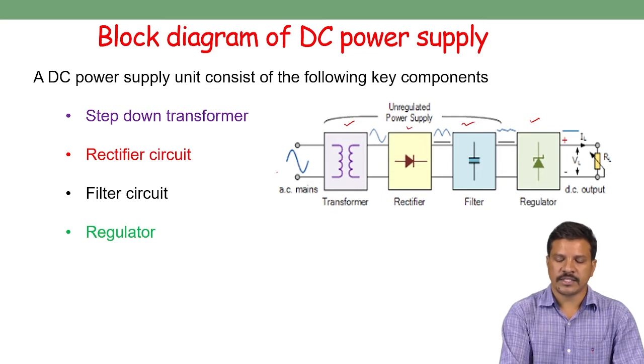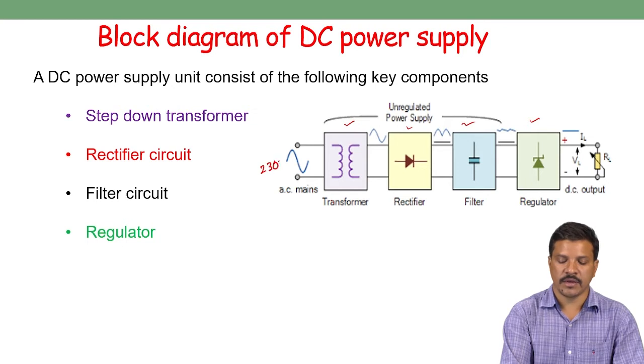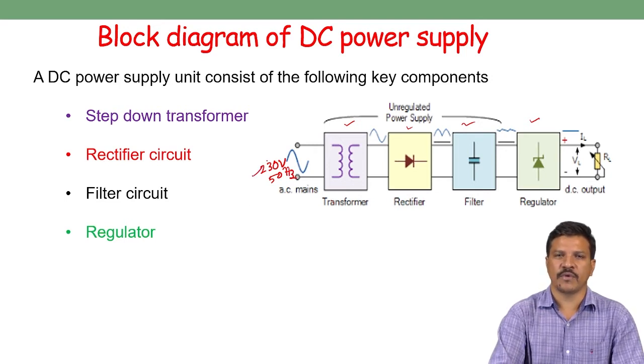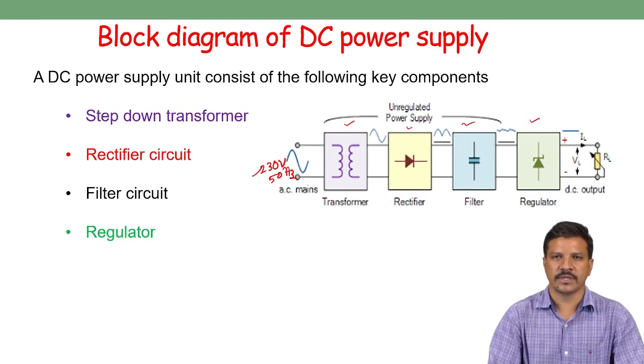Generally the power supply available has parameters of 230 volts and 50 hertz frequency. This large 230 volts is not required for conversion to DC. We need to step down the 230 volts to 20 volts, 10 volts, 9 volts, or 5 volts based on the requirements. So for that we have the step down transformer, which steps 230 volts down to 20 volts or 10 volts.